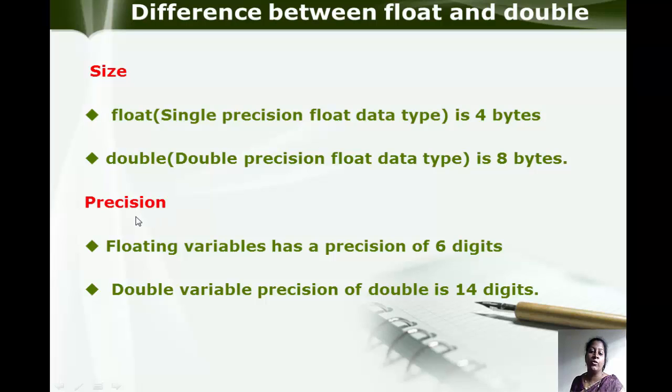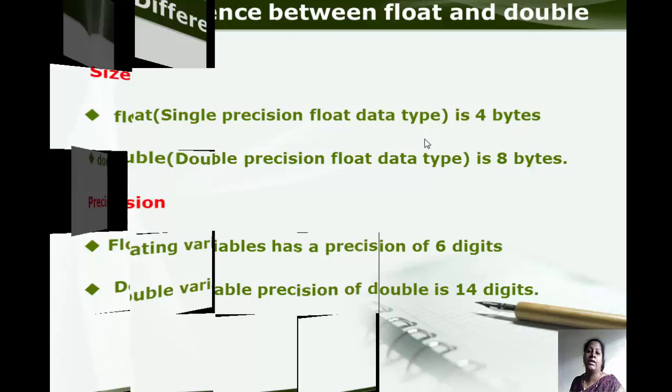A floating point variable has a precision of 6 digits, whereas a double variable has a precision of 14 digits. So when you have to store a small decimal number, we use a float data type, and for a bigger decimal value you use a double data type.